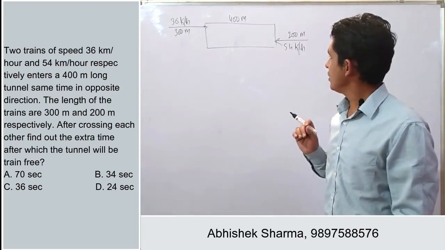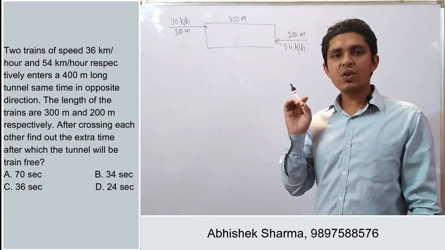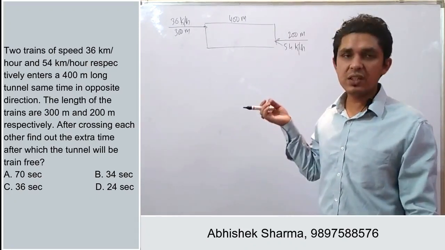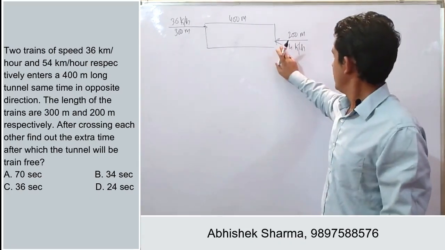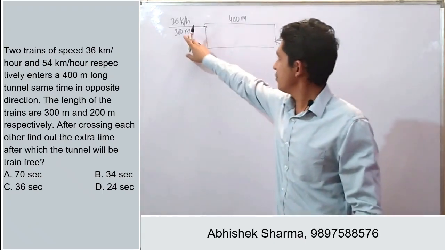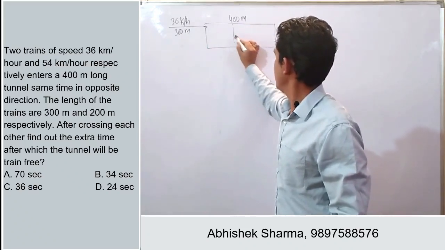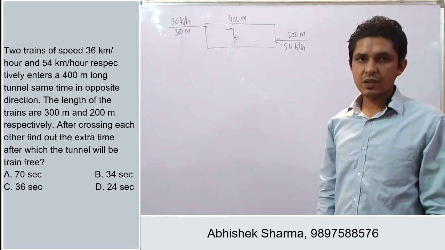Okay, so how will this be calculated? Let us first find what the crossing time will be and approximately at what position both the trains will be crossing each other. The speed of this train is more than the speed of this train. So approximately this will be the point where both the trains will be crossing each other, right?